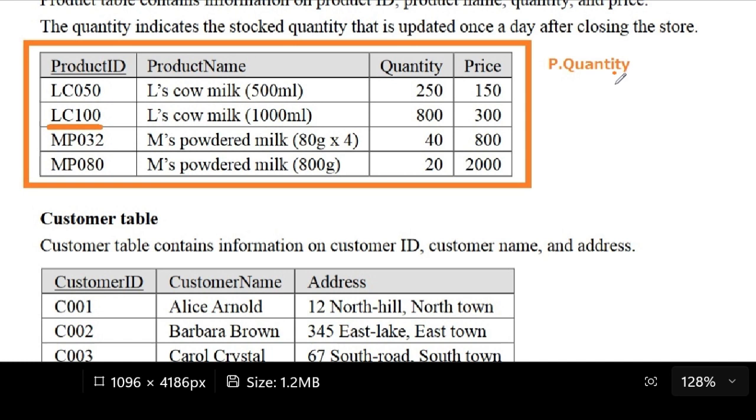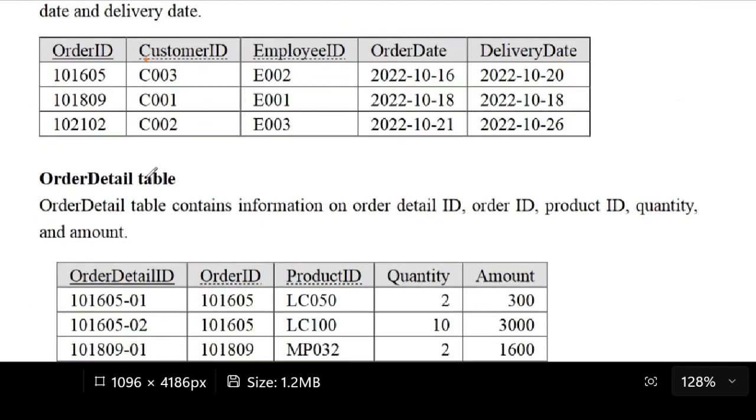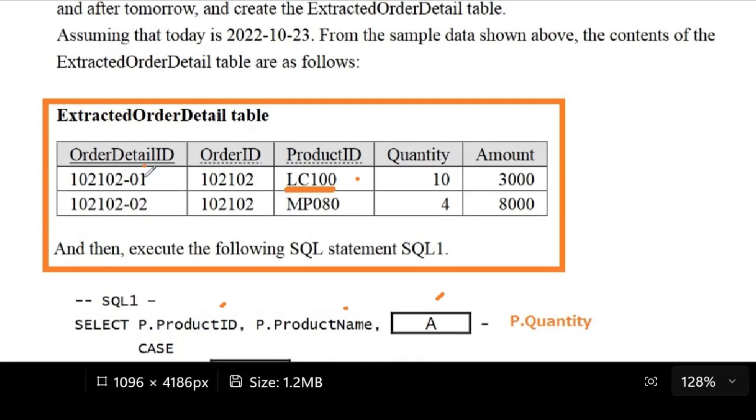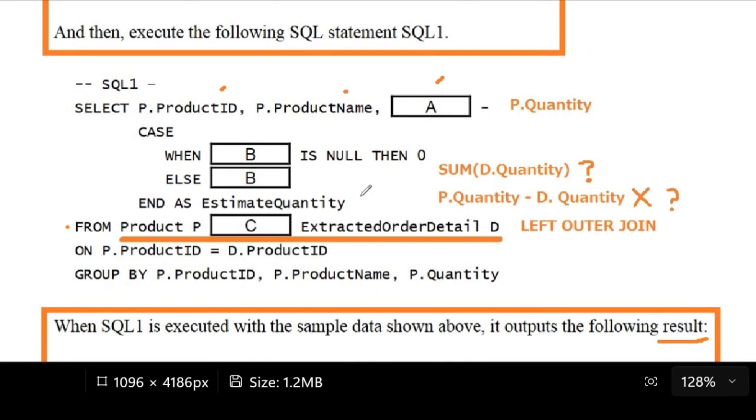So from here, we have the product ID, for example LC100, and we go to the extracted order detail table and find that there's an LC100 here, and that's why we can include that in the result. Therefore, left outer join is the correct command for what we want to do in this case.